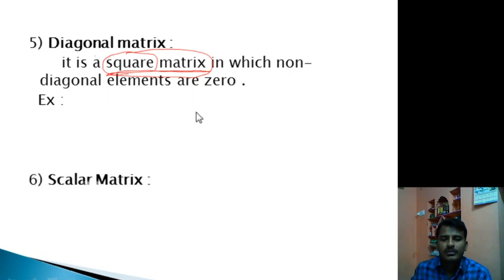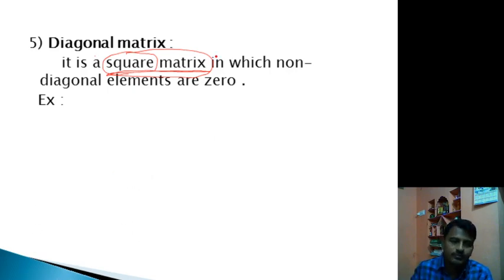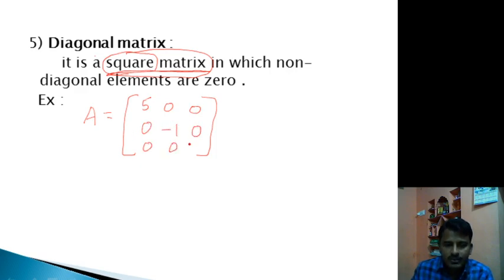Let me take an example. A is equal to [5 0 0; 0 -1 0; 0 0 7]. The first thing is, is it a square matrix?